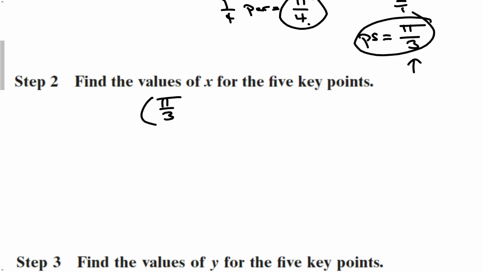Then we add a quarter of the period. So if we're starting here, and a quarter of the period is pi over 4, we have to add pi over 4 and pi over 3 together. Remember, you need a common denominator, and when you add them together, you get 7 pi over 12.